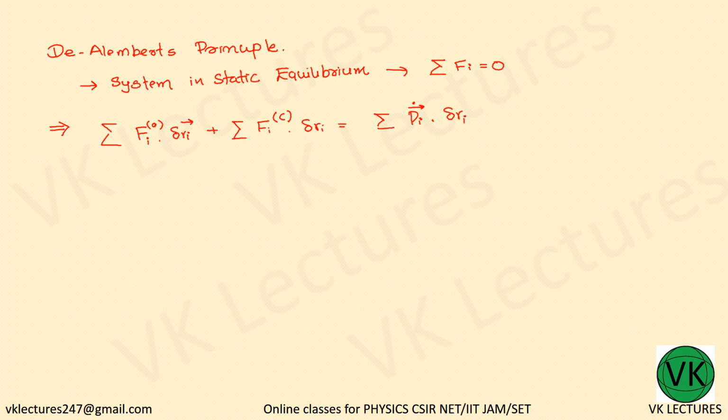The first term represents the work done by the actual or applied force. This is the work done by the constraint force, and this work done by the constraint force is equal to 0.